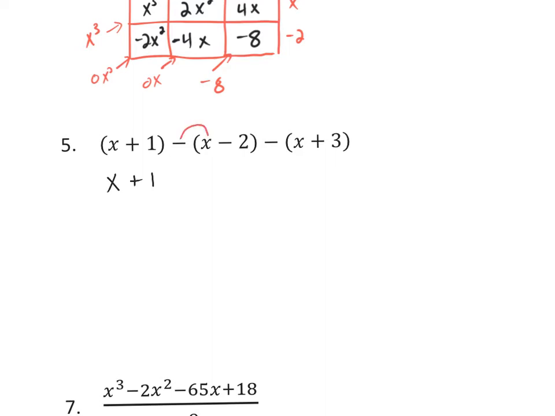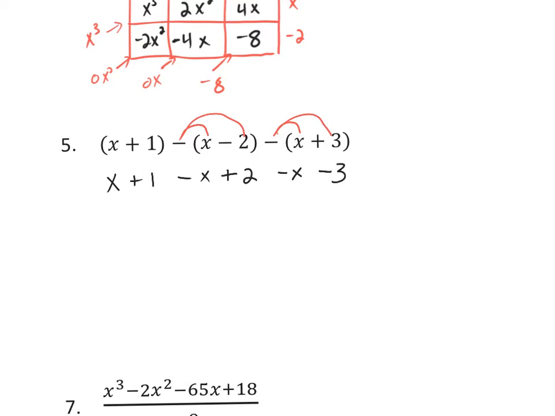So negative times x ends up being negative x. Negative times negative 2, double negative makes a positive, so that's going to be a positive 2. Negative times x is negative x. And a negative times positive 3 is negative 3.